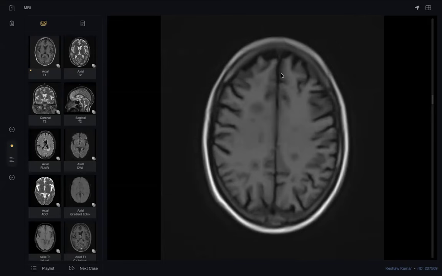This may be multiple lesions, or multiple infarct areas, or infection.